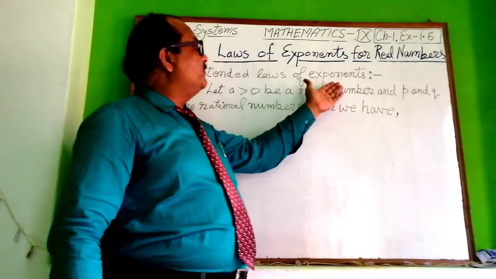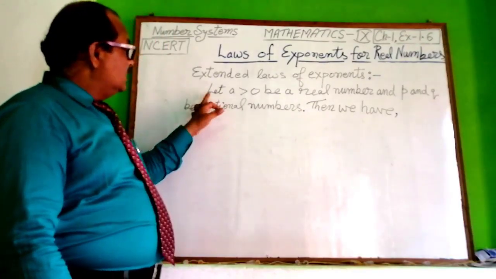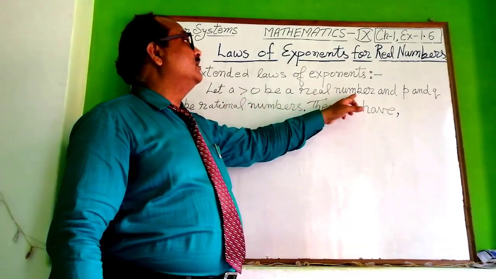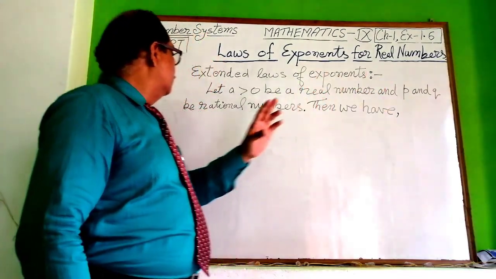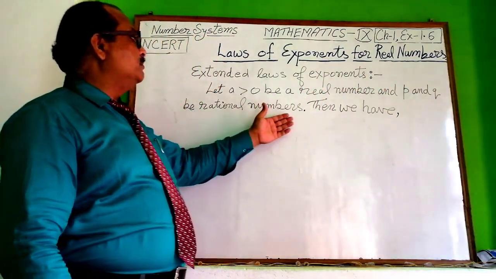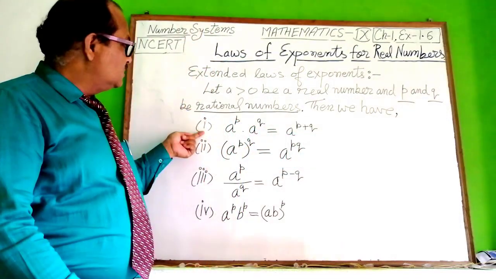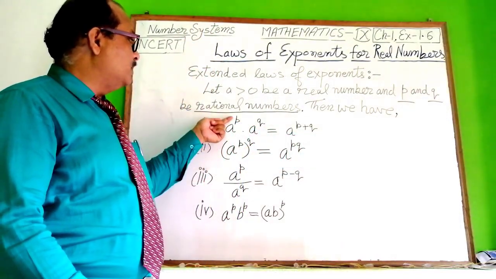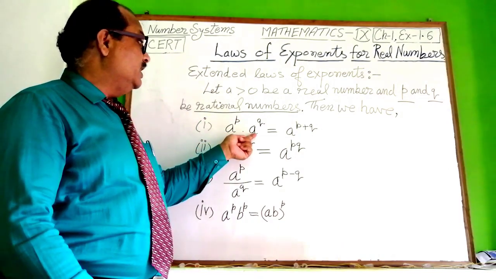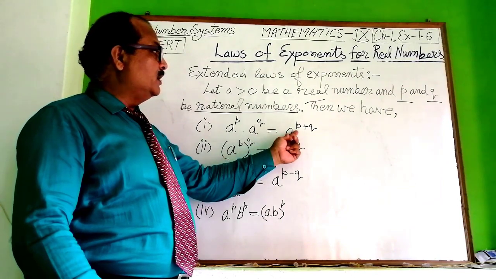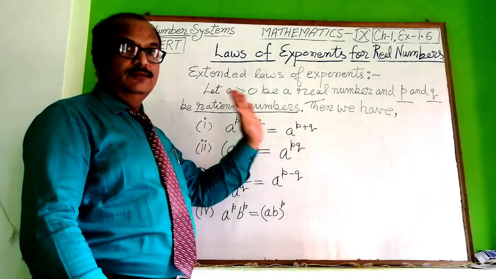Extended laws of exponents. Let a be a real number greater than 0, and p and q be rational numbers. Then we have the first law: a raised to the power p into a raised to the power q is equal to a raised to the power p plus q.